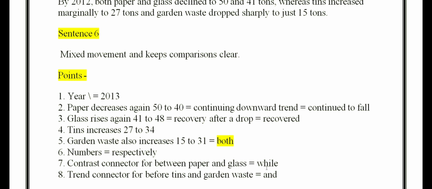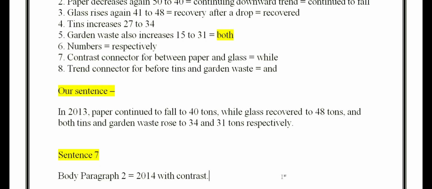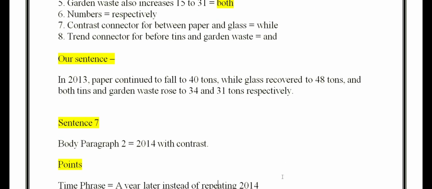And when we are showing the connector for tins and garden waste, the word is and. The vocabulary is ready, the points are ready. Now jump into writing the sentence. In 2013, paper continued to fall to 40 tons while glass recovered to 48 tons and both tins and garden waste rose to 35 and 31 tons respectively.